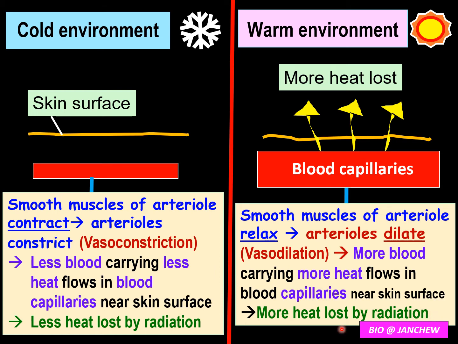On the other hand, in a cold environment, the smooth muscles of the arterioles will contract. Always remember that muscles, even the skeletal muscles, contract in a cold environment, and the hair erector muscles will also contract in the cold environment. So generally the 3 muscles contract in a cold environment.